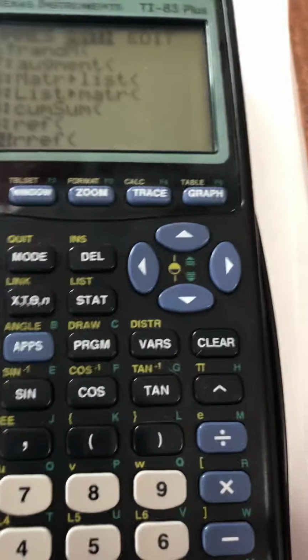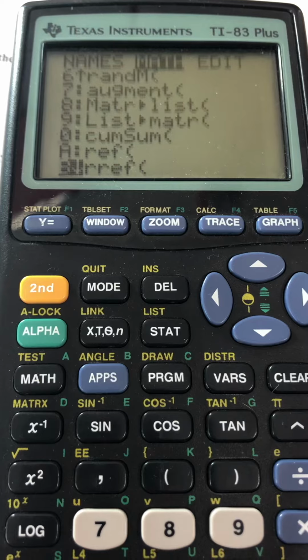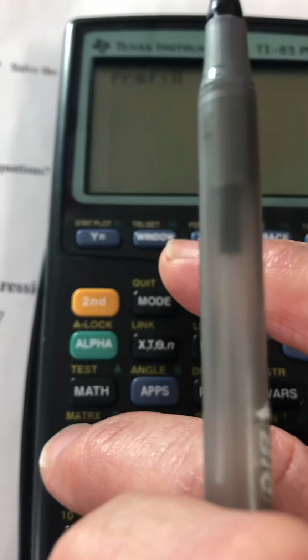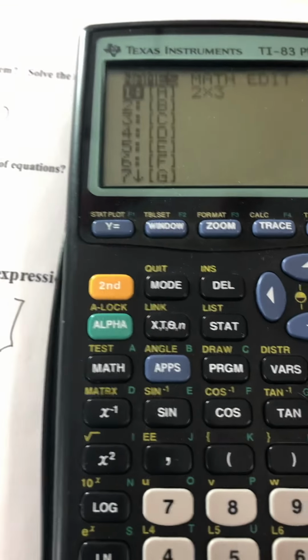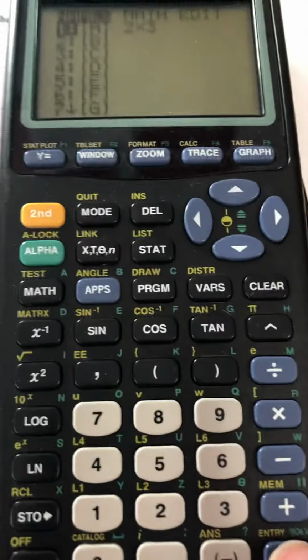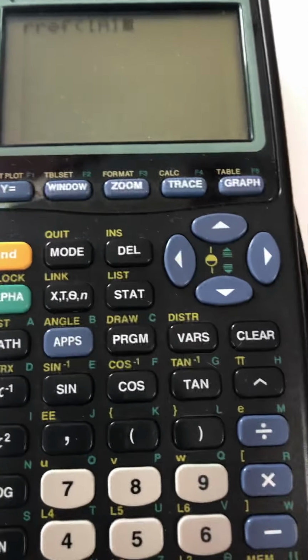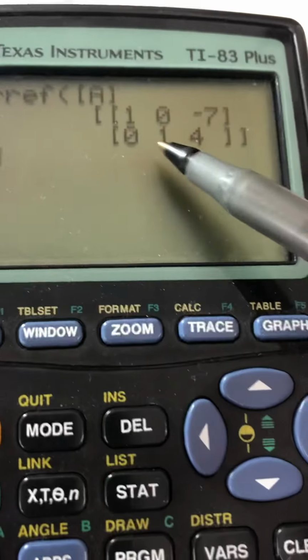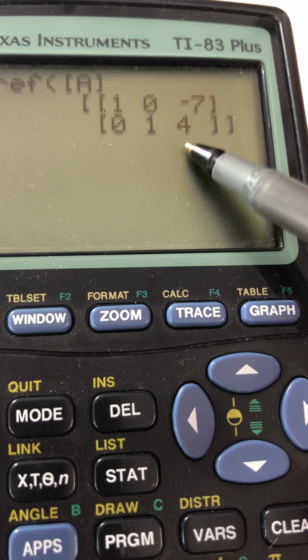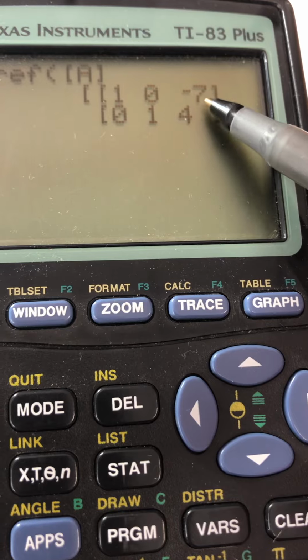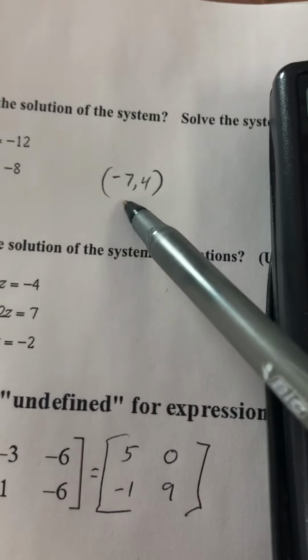Okay, got that out of my way. Go down to B again in math, and then see, that's good. And I go back to matrix, matrix. That's the one that I want. I hit enter. A is there. I hit enter again, and there's my matrix. And these two on the end, this is my X and Y, so negative 7, 4 is my answer.